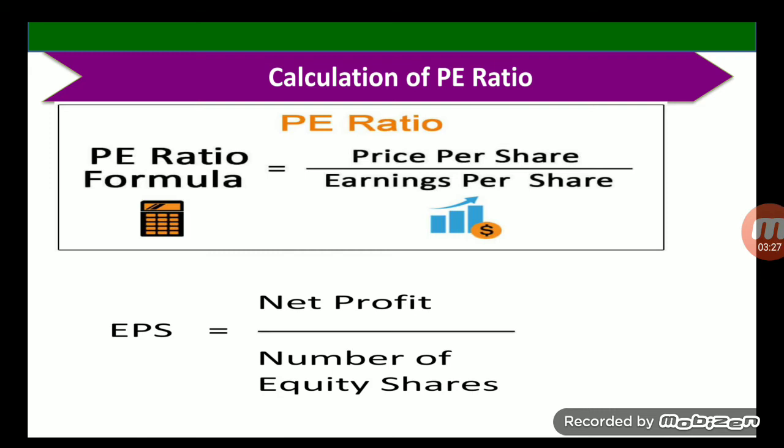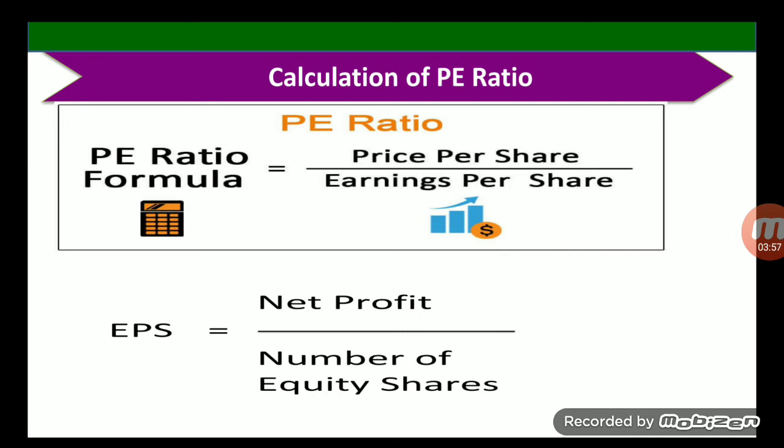P ratio is equal to price per share divided by earning per share. Price per share means it is the last traded price, the price which is going on in the market. And earning per share is calculated as net profit divided by number of equity shares.